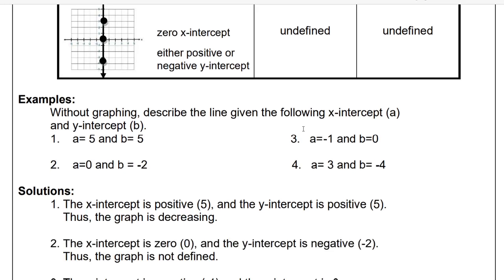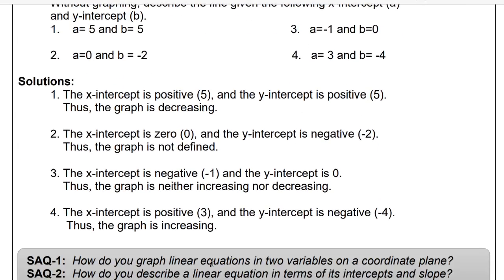So, meron ka dyan, you can say that the graph is not defined. Next, number 3, your x-intercept is negative and your y-intercept is 0. Therefore, the graph is neither increasing nor decreasing.